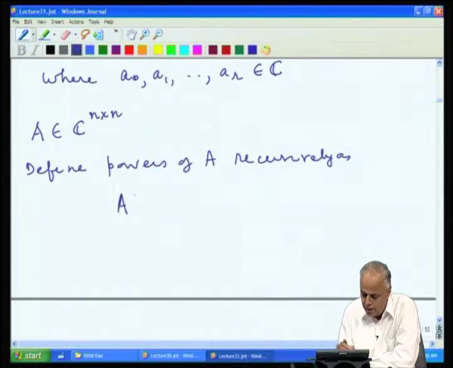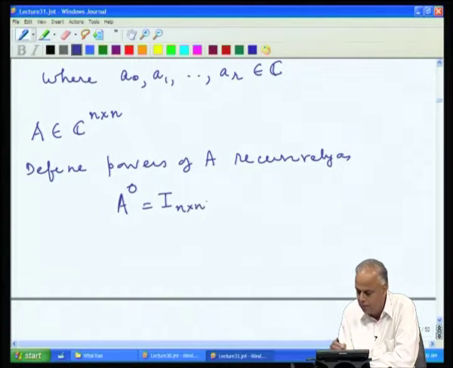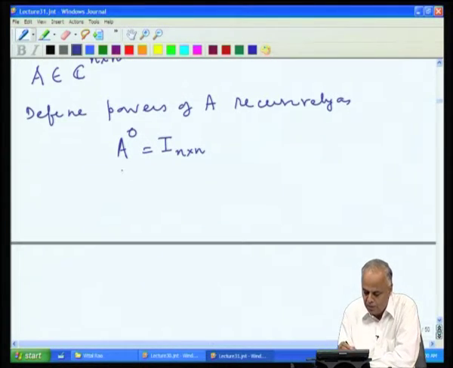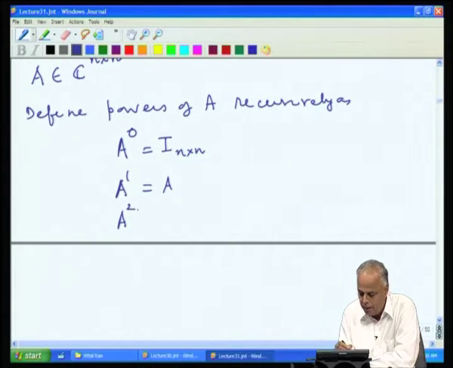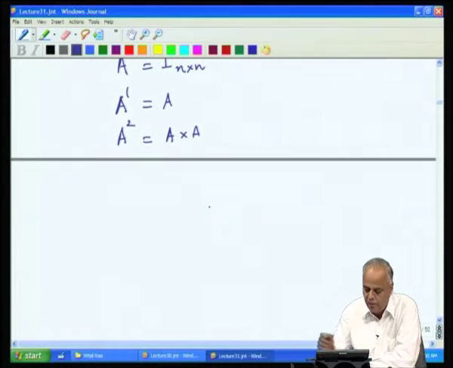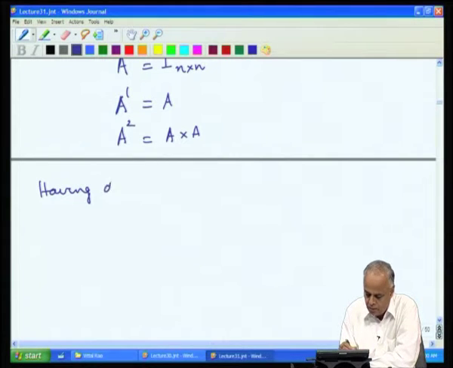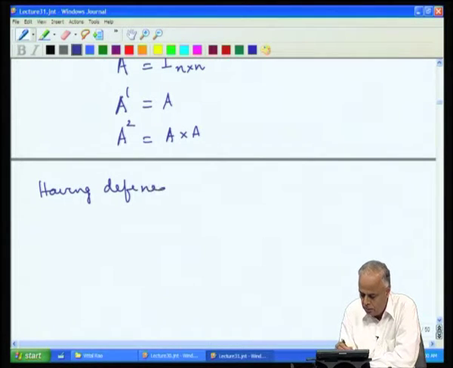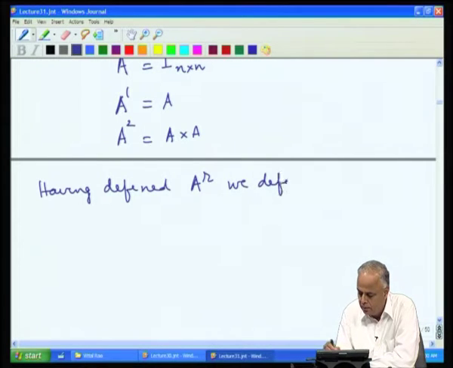We define the zeroth power to be the identity matrix, the first power A to the power 1 to be A, A squared to be A into A. Now, having defined A to the power r, we define A to the power r plus 1 as A into A to the power r.